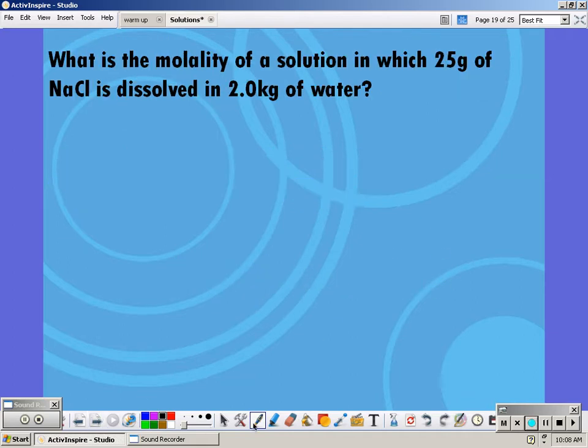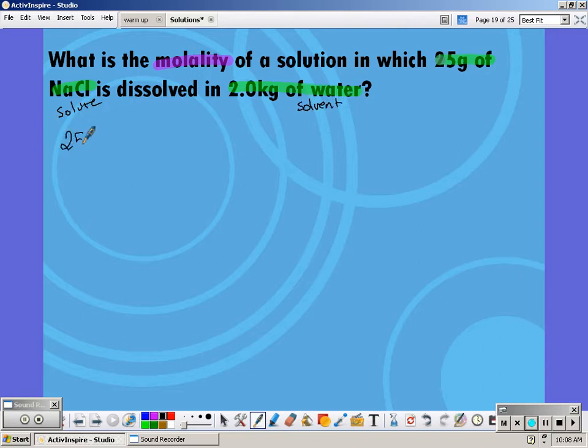Alright, in this question, we have 25 grams of NaCl dissolved in 2 kilograms of water, and again we're looking for the molality. Sodium chloride is dissolved, so that is my solute. Water, of course, is my solvent. For my solute, I need moles.